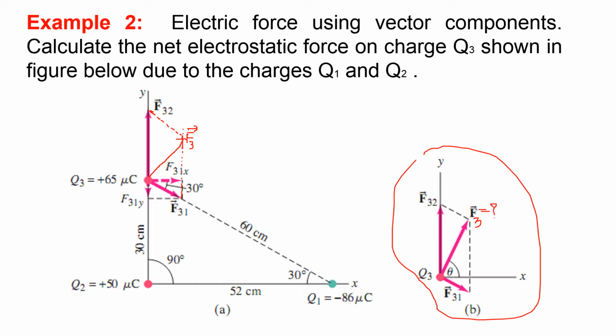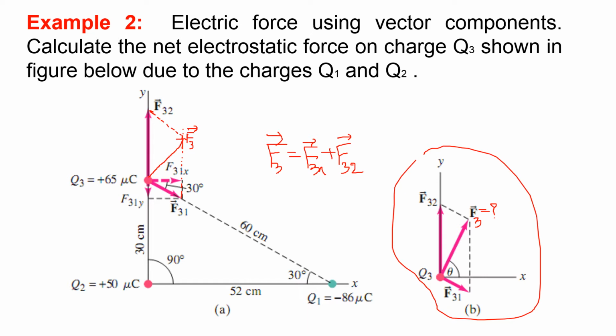As you see, we obtain this force by adding the force on charge 3 due to charge 1 to the force on charge 3 due to charge 2. Then the force on charge 3 is equal to the force on charge 3 due to charge 1 plus the force on charge 3 due to charge 2.